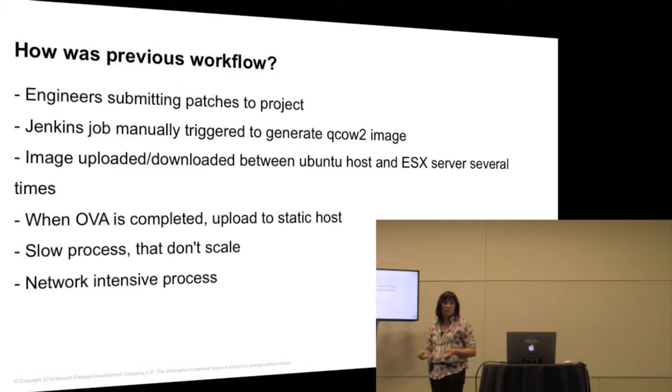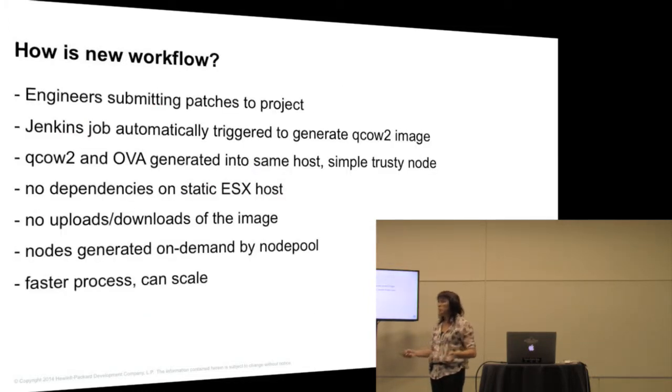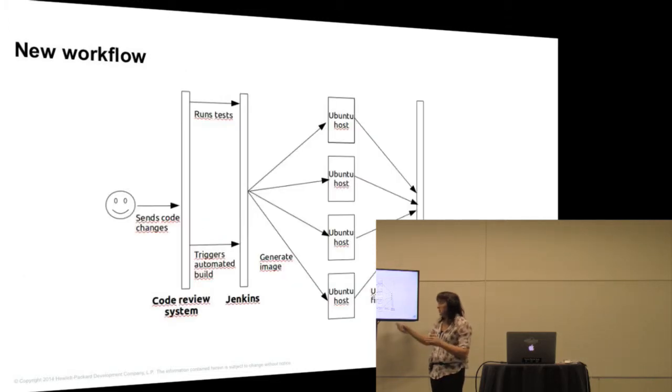Okay. So I'm going to explain how we improved our process. That's the new process. In the start, it's pretty similar. Engineers are still sending code changes to Gerrit. They are using Jenkins to run the tests. But then, instead of using an ESX host, we are relying only on an Ubuntu host.